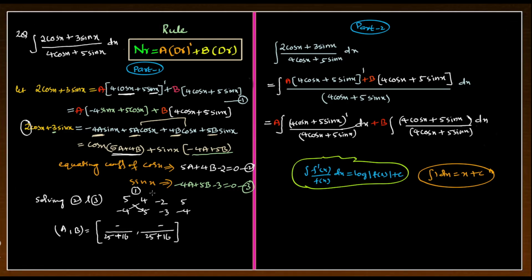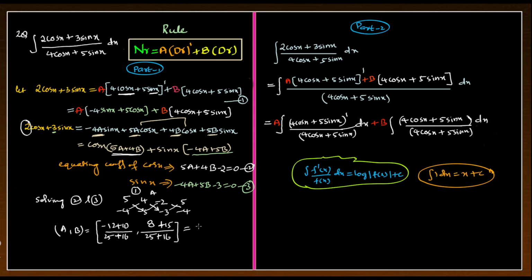Now for the value of A, this middle cross AD minus BC we have to write here. 5 3s are minus 12, minus of minus plus 5 2s are 10, and last one, minus into minus plus 2 4s are 8, minus into minus plus 3 5s are 15.